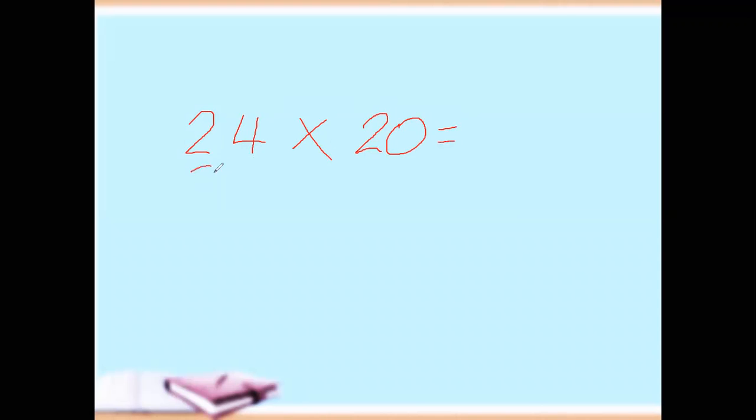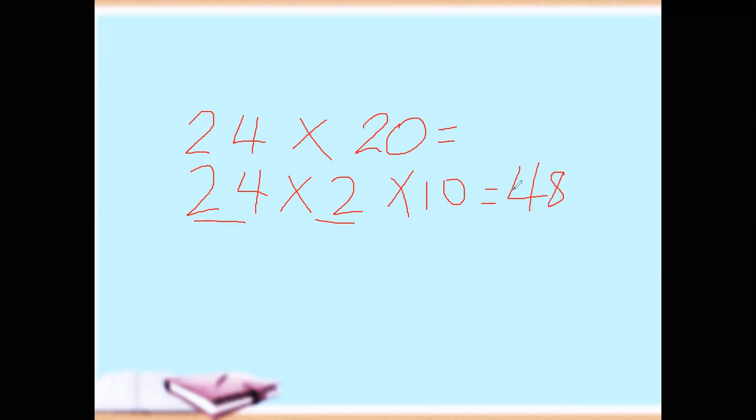So you have to multiply first 24 times 2 times 10. Yes? So what is 24 times 2? Of course, it's 48. And then times 10, okay? Therefore, it is 480.